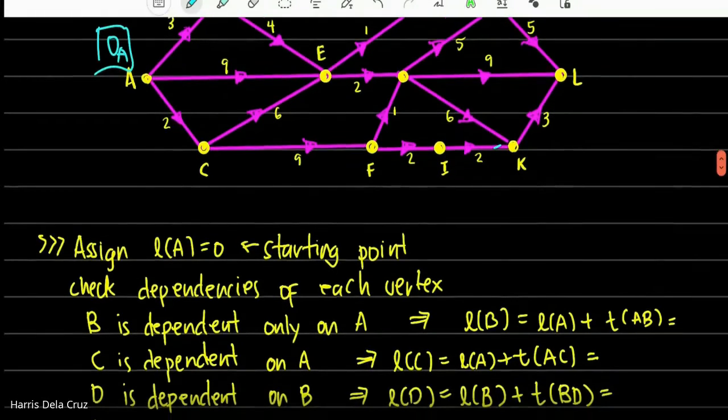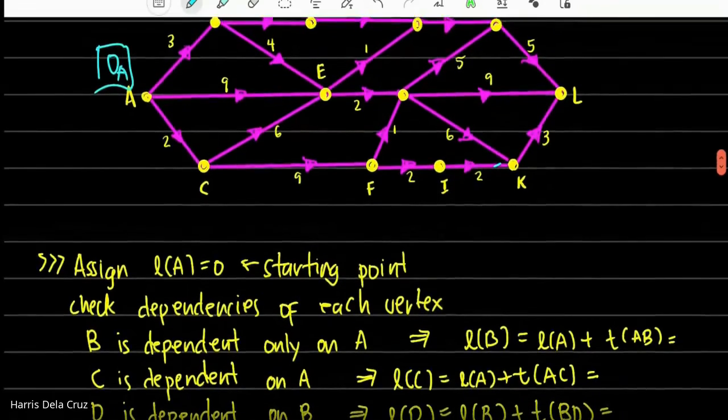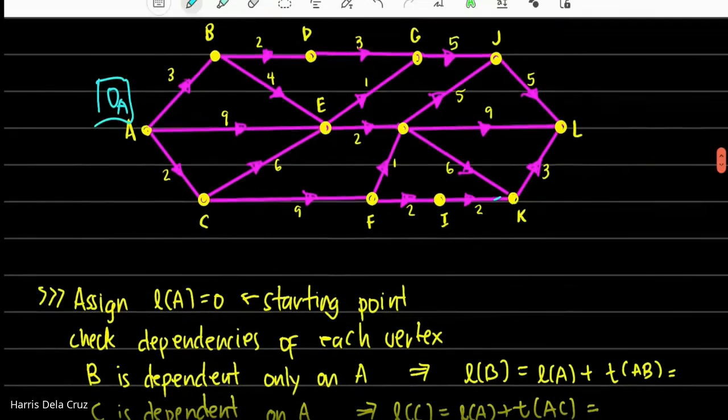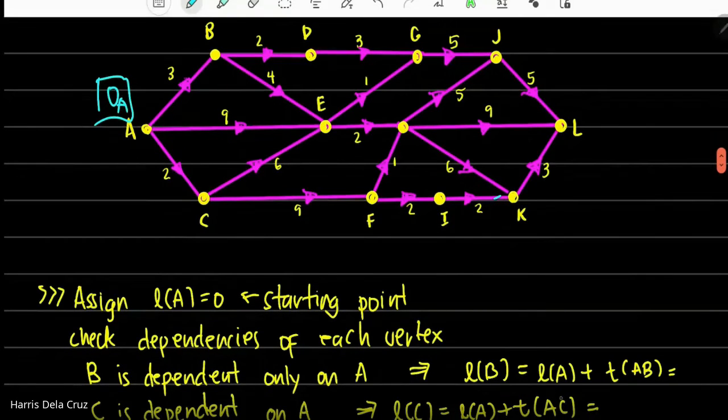Now, kung pupunta tayo kay B, okay? Makikita natin si B, dependent siya kay A. So, ibig sabihin nun, kailangan matapos mo yung A bago ka makarating kay B. Now, that activity, sabi, required 3. So, ang magiging label ni B is label ni A plus yung time required from A to B. So, from start to finishing B. So, that means it's 0 plus 3 or 3.